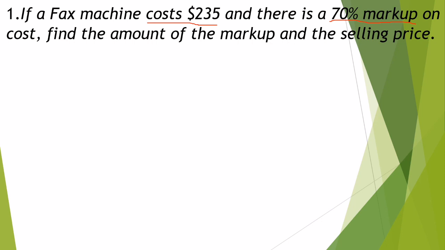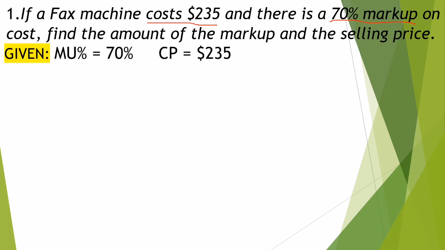So we're going to write first our given. And of course, for the unknown, find the amount of markup and the selling price. So unknown natin is SP or selling price and markup or MU.